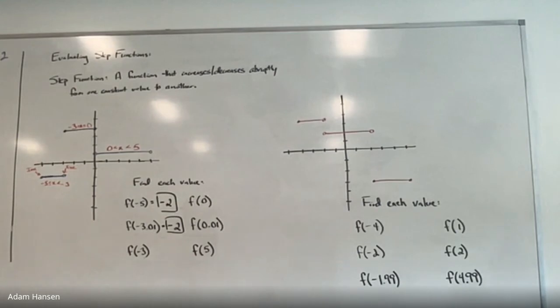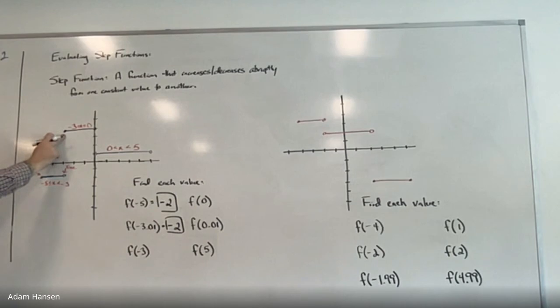This -3 trips people up. When x equals -3, if I count 3 to the left, which point do I pick, the one below or the one above? Why are you saying so? Or why are you saying the top one, Sophia? Because it's excluded on the bottom and the top. The graph doesn't exist for this open point. The graph does exist for the top point, right?